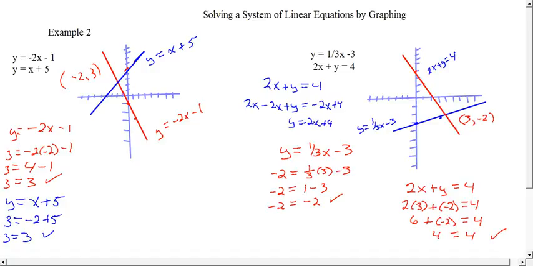Then you'll come up to the page that says calculate and value, zero, minimum, maximum, and the fifth one says intersect. So you hit 5, and then you come up with a screen that talks about the first curve on the bottom. Just hit enter there. Second curve, hit enter there, and then it'll say guess. We're going to use these a little bit later, but not at this point. Hit enter there.